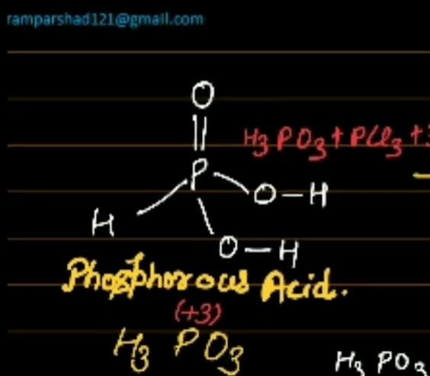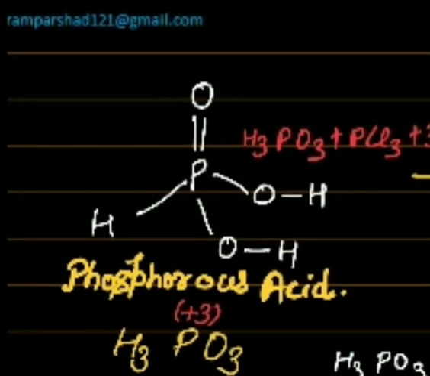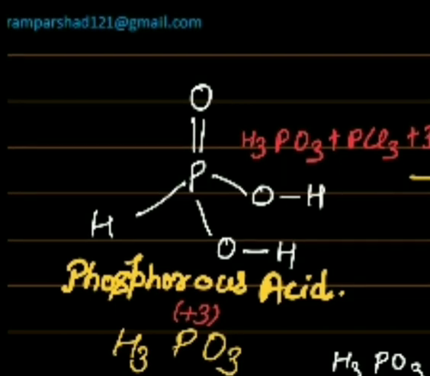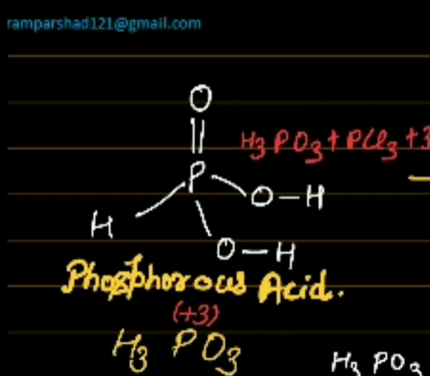Now if we compare our half-made structure with the chemical formula, then we will come to know that still two hydrogen and one oxygen are remaining to be bonded with the phosphorus. But there is a condition that phosphorus only makes 5 bonds.